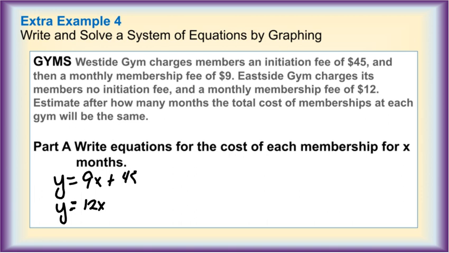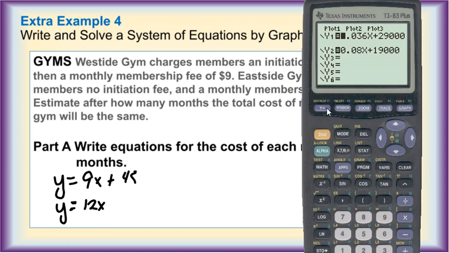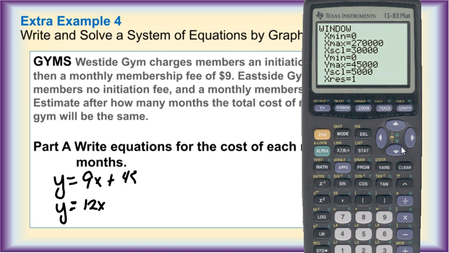So again, if we grab our calculators, go to our y equals, we have 9x plus 45. The other one is just 12x. Change our windows to 0.